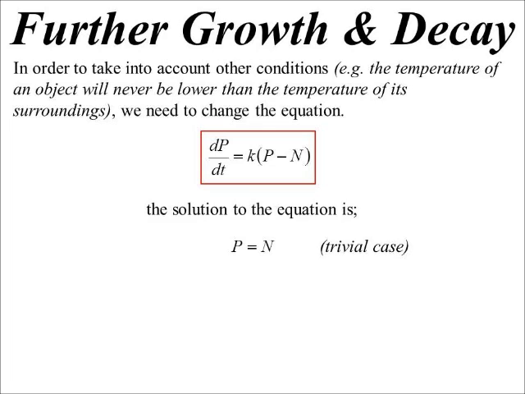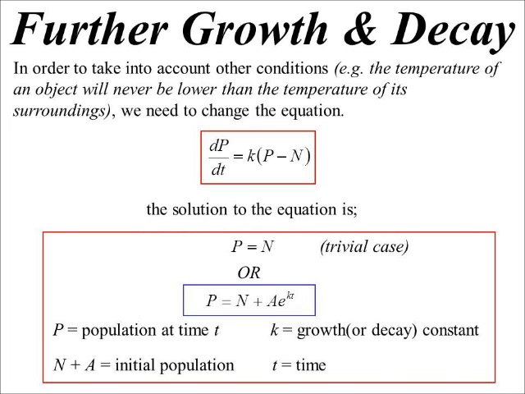That's not the case we're interested in. The solution we're interested in is this one: P equals n plus ae to the kt. So there it is. That's our basic model, plus taking some external condition into account.